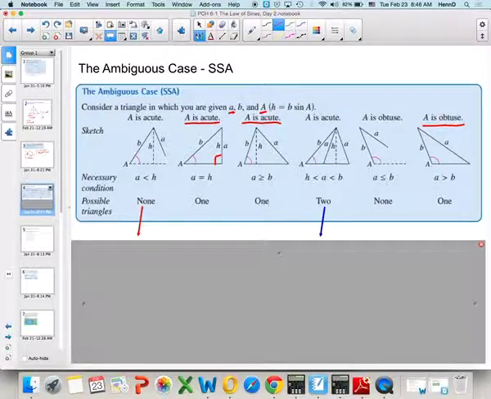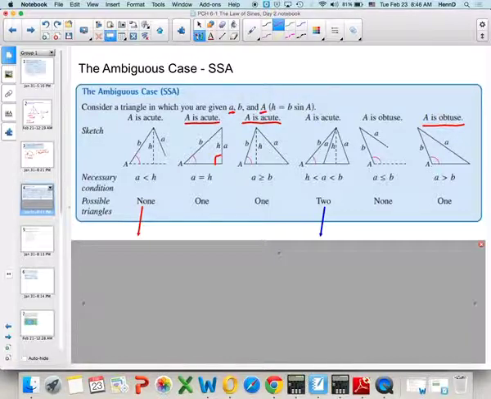Okay? So, a couple of things here. If our angle is acute, obviously in the case of a right triangle, a would be what compared to b? Smaller than b. Why do we know that? Because b is the hypotenuse. So this is kind of a unique case right here.